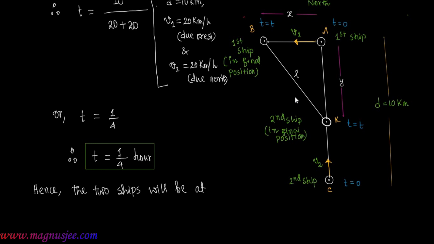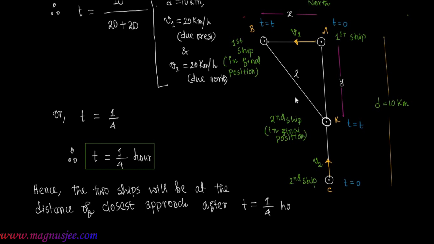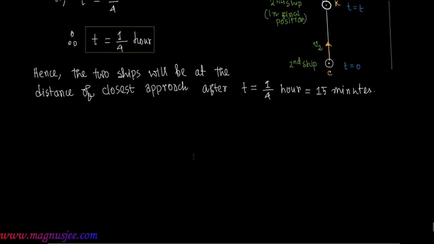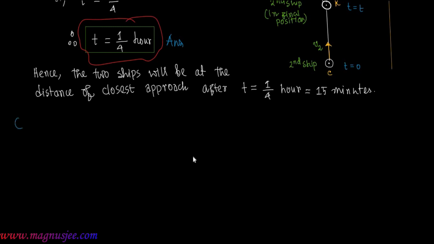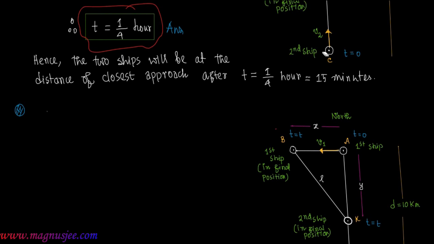Hence, the two ships will be at the distance of closest approach at t equal to 1 by 4 hour, that is after 15 minutes, two ships will be at the distance of closest approach, that is t is equal to 1 by 4 hour or 15 minutes.